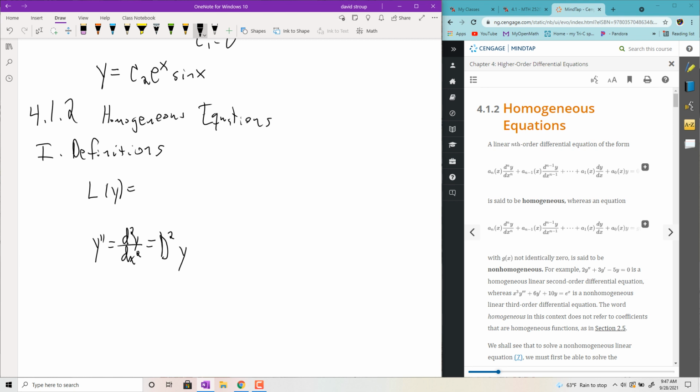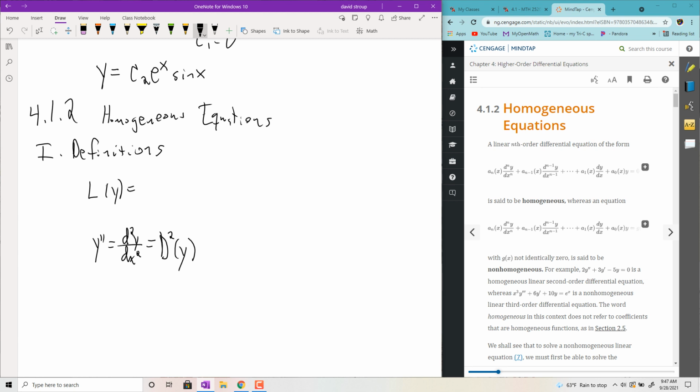You could think of the D2 as operating on this function y. You can almost think of it like it's a function unto itself. The input of D2 is going to be this thing y. You basically put it into this D2 thing, and the D2 changes it into a different function by taking its derivative twice.